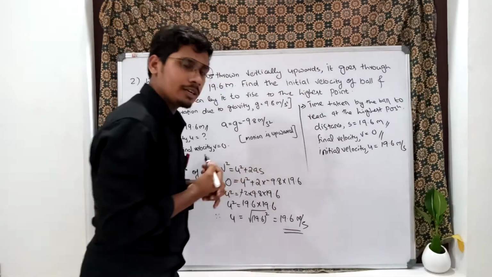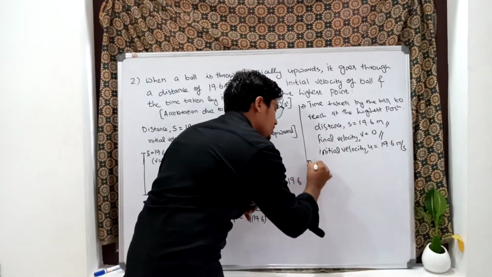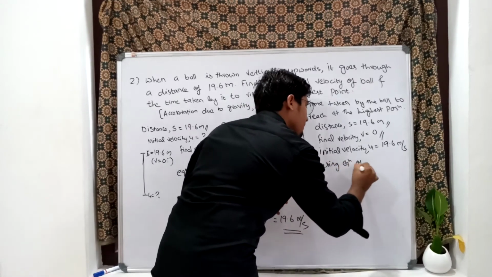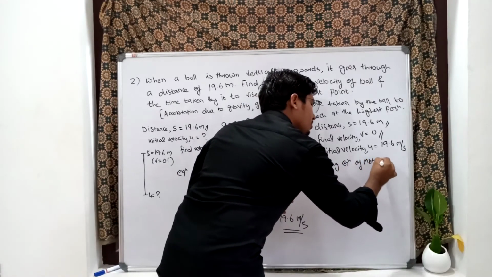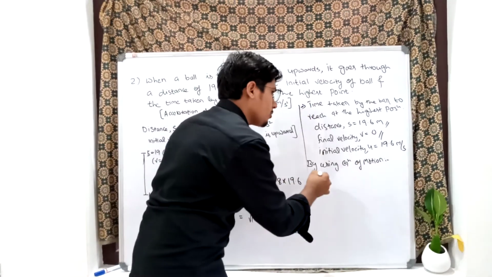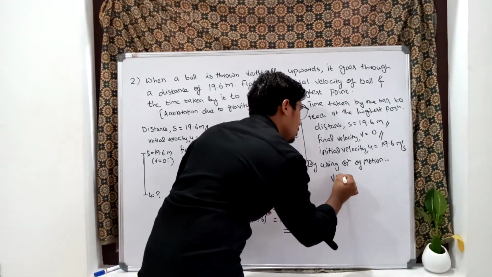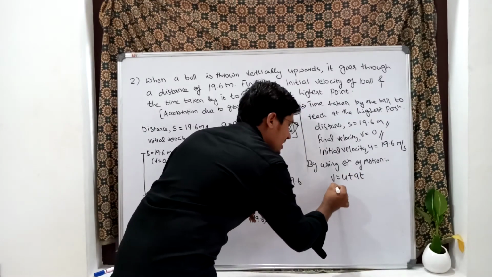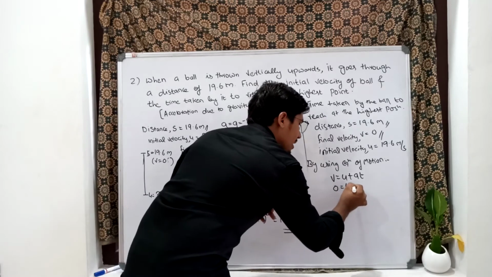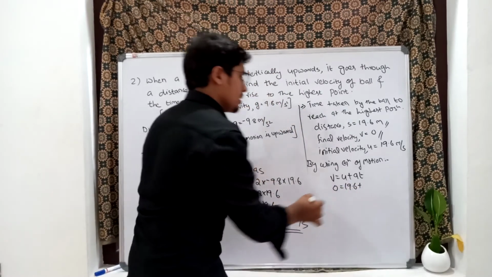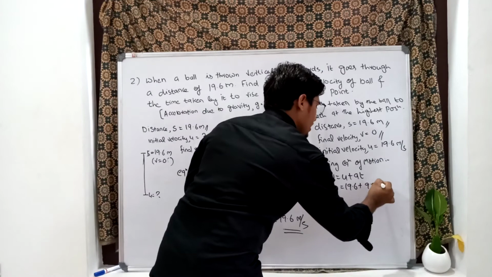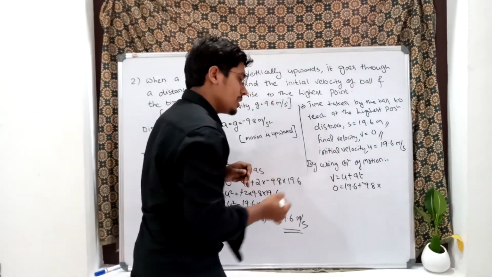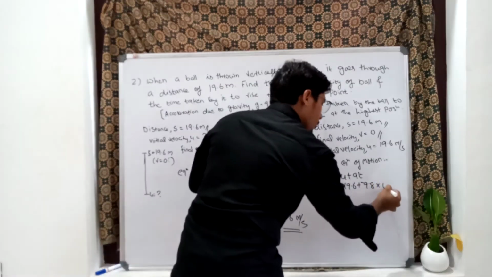So we have to find the t by using the equation of motion, v equal to u plus at. We know the final velocity is 0 and the initial velocity is 19.6 plus a, which is minus 9.8, into t, which we have to find.